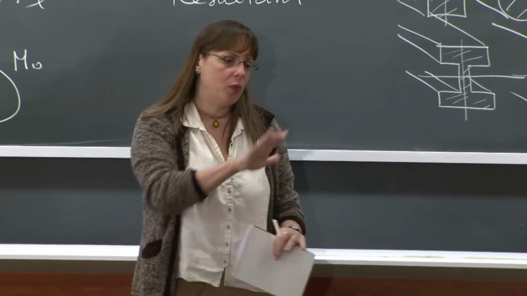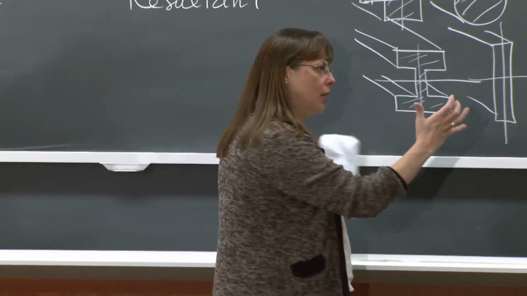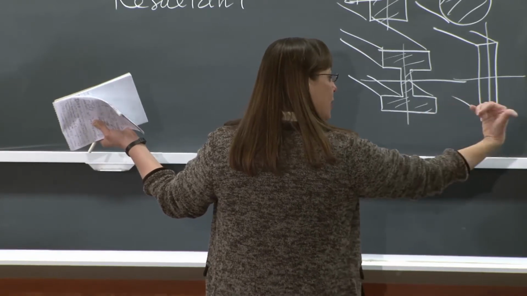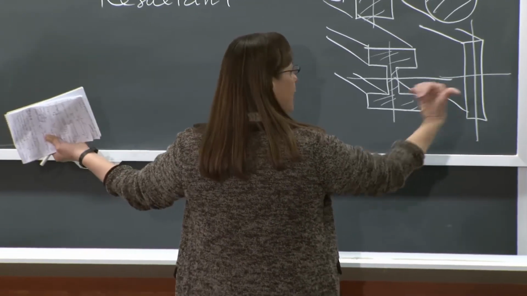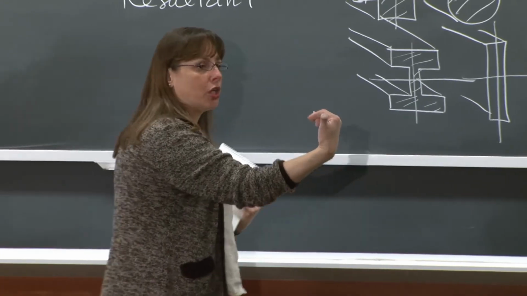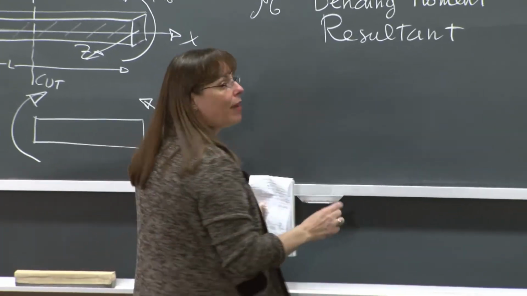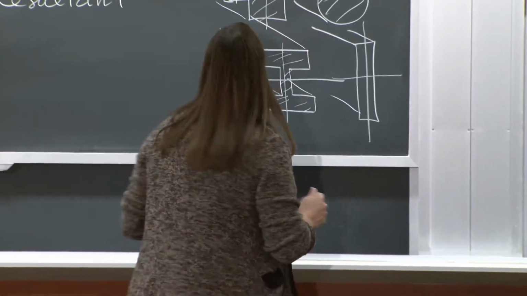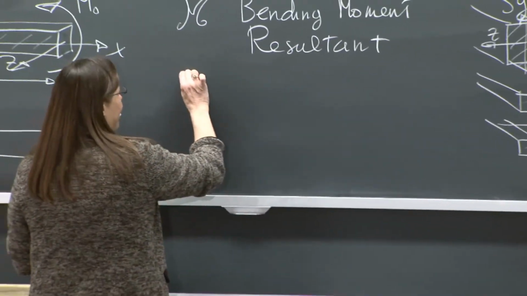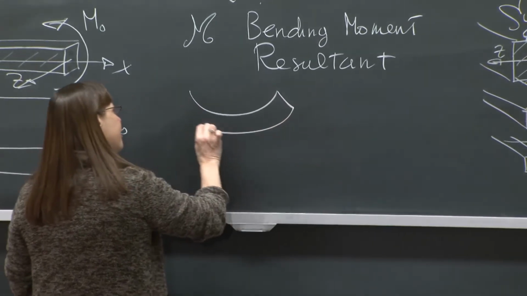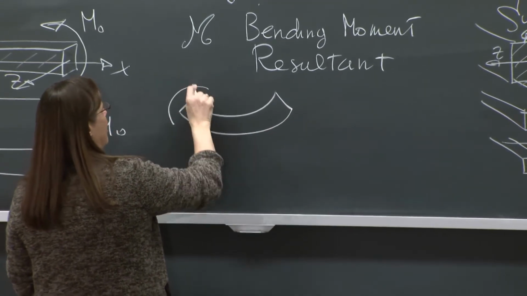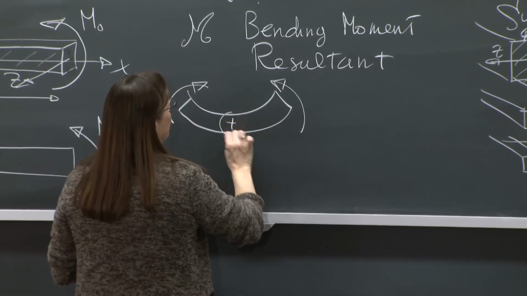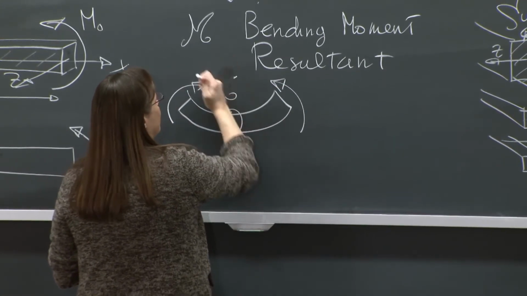For torsion, we said if we twist it like that, with the axis of torsion coming out from one end and coming out from the other end, that's a positive torsion. For bending, bending is like a happy world. For bending, things are positive if they smile. Think smiling. M is positive if it makes the beam smile.